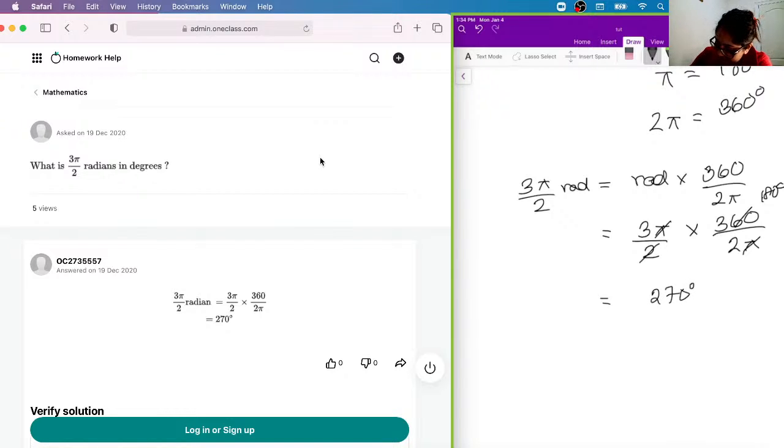So 3 pi over 2 radians is equal to 270 degrees. You could also do it another way, where your 3 times 180 over 2, which is the same thing we just got here, and this is also equal to 270 degrees.